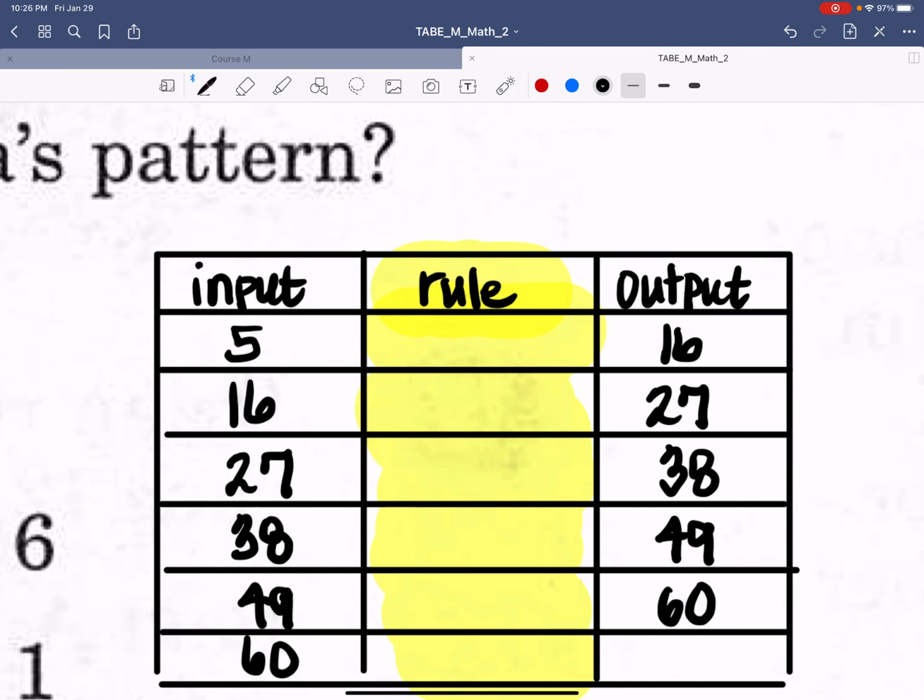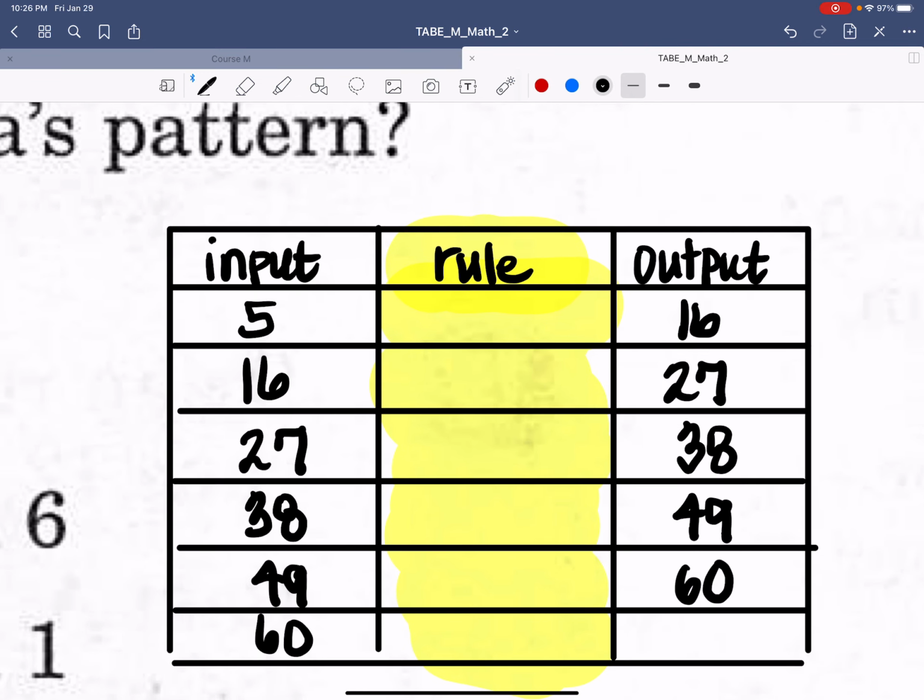So let's take a look here. I can tell you that from 5 to 16, that's building up. So it's either addition or multiplication. And because it's not a big jump from 5 to 16, I'm going to guess that it's addition.